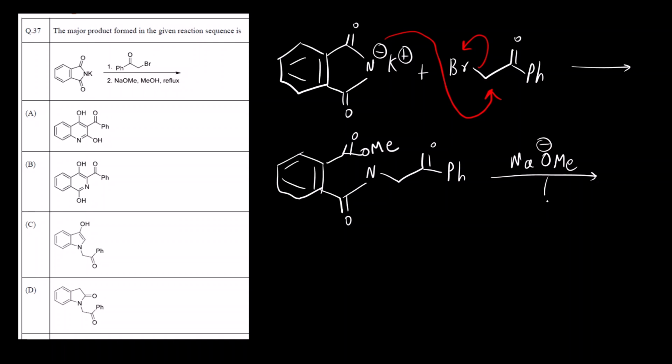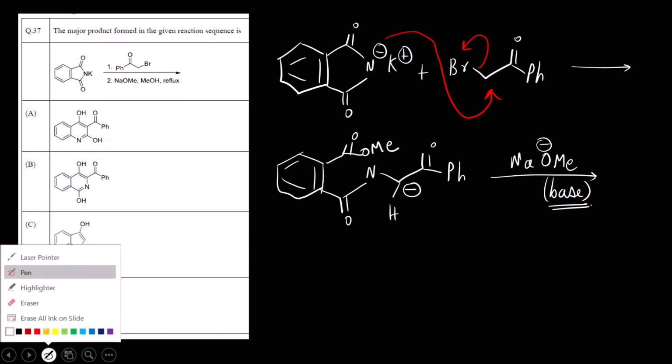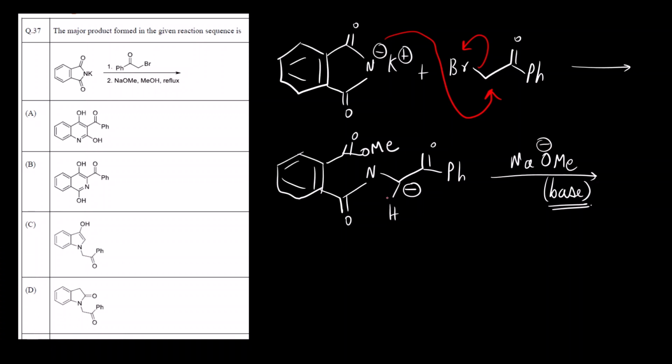Now NaOMe can also act as a base. So it will abstract this acidic proton. OMe will abstract this proton and we will get an enolate with a negative charge. Now we can do intramolecular nucleophilic substitution.